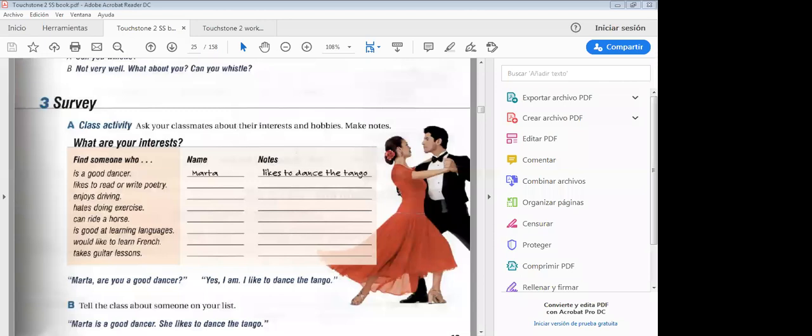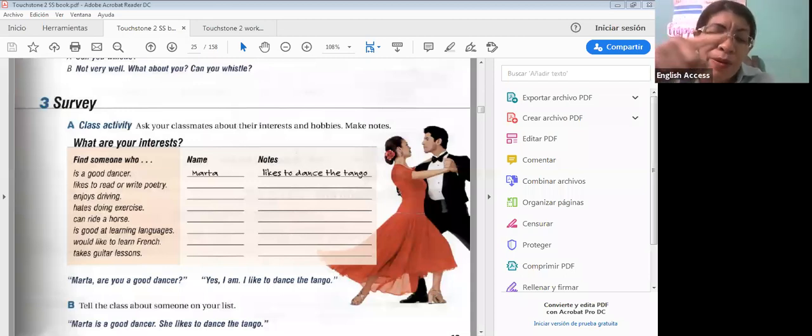Yes, I do. Okay, so in name, in this case, it's going to be Luis and Jesus. In notes, you can write down, for example, Luis likes to read poetry. Yes, he's the one who is answering. Luis likes to read poetry.